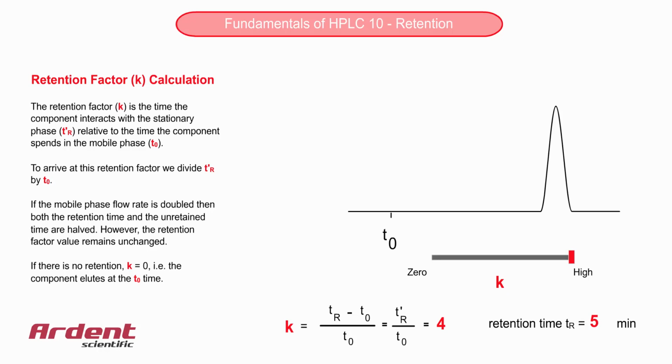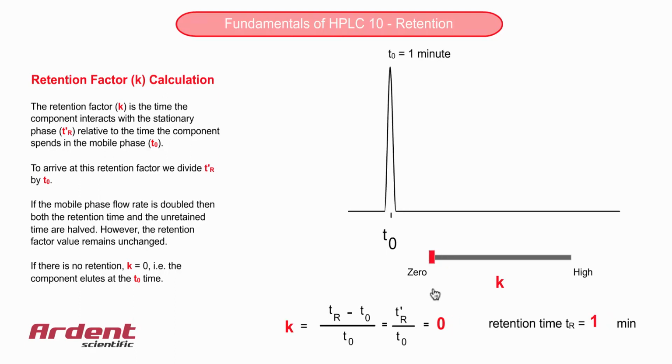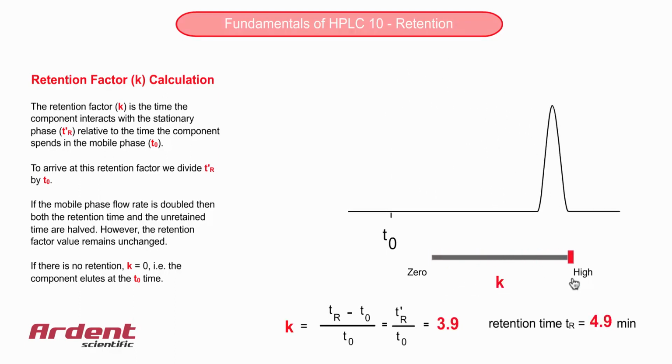Now let's think about what would happen if the flow rate of the mobile phase doubled. The unretained time would halve, and also the retention time would halve. The new retention time is now 5 minutes, and the new unretained time is 1 minute. The component has interacted with the stationary phase for 4 minutes, that is 5 minus 1.